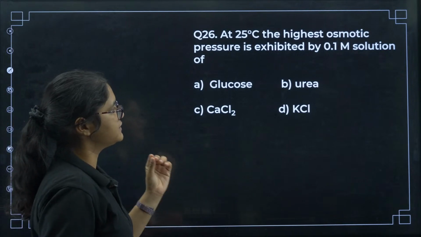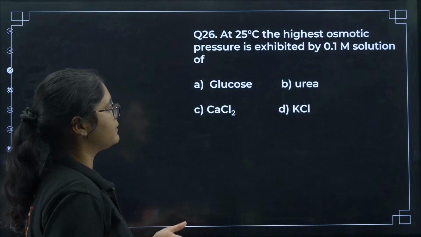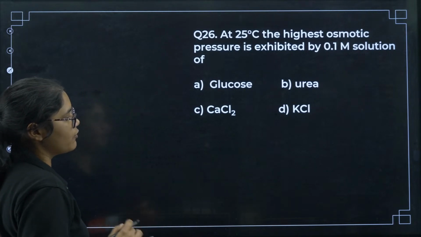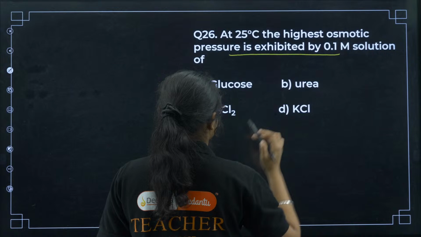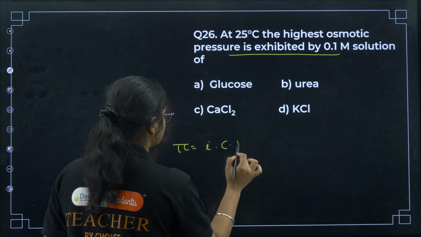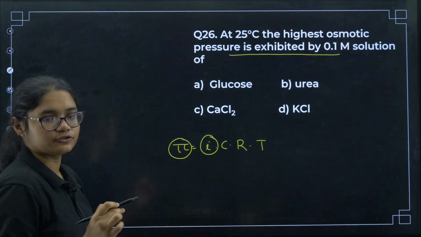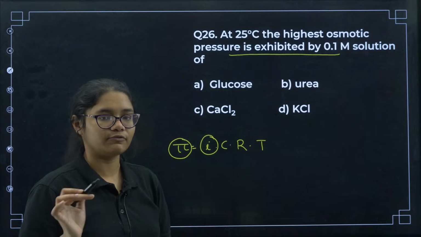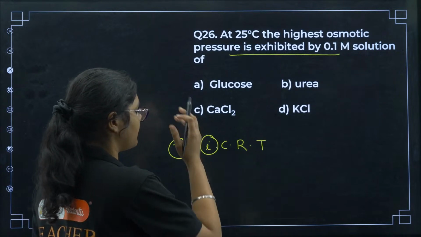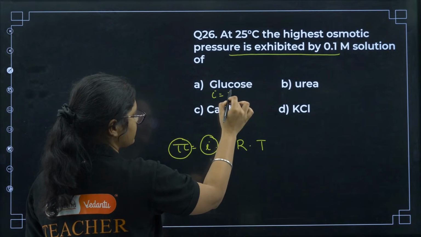Next question number 26. At 25 degrees Celsius, the highest osmotic pressure is exhibited by a 0.1 m solution of which? Pi is equal to i into C into R into T. This osmotic pressure is directly proportional to your I value, or Van 't Hoff factor. So where is the I value maximum? Here this is a non-electrolyte, so I value is 1.